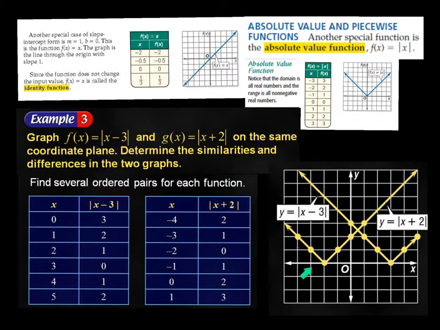And of course, when we plot points, if we're going for the first function: 0, 3; 1, 2; 2, 1; 3, 0; 4, 1; 5, 2. They look like they're the same shape. They both have the same domain, all real numbers.